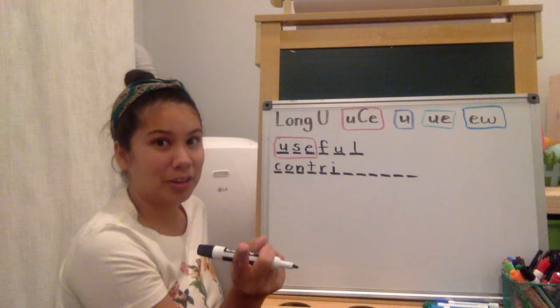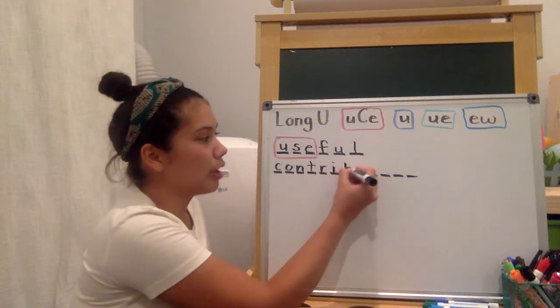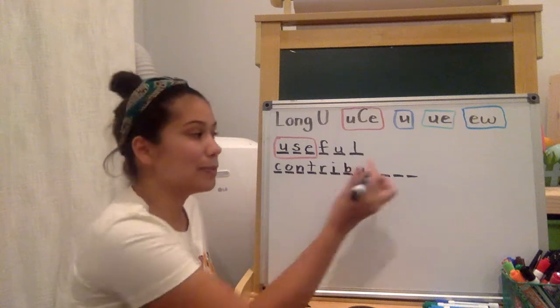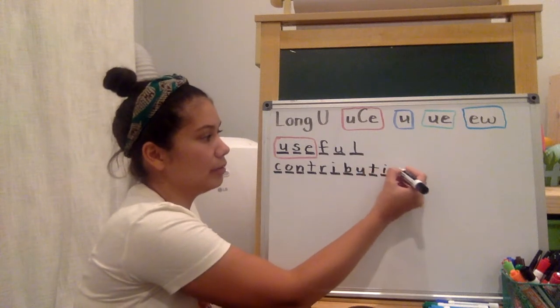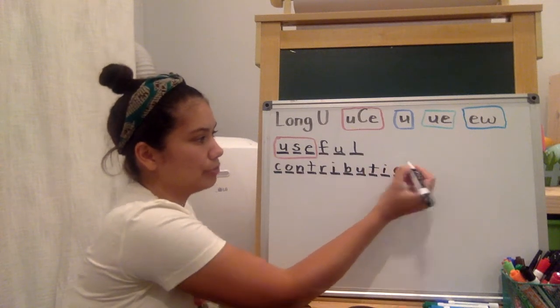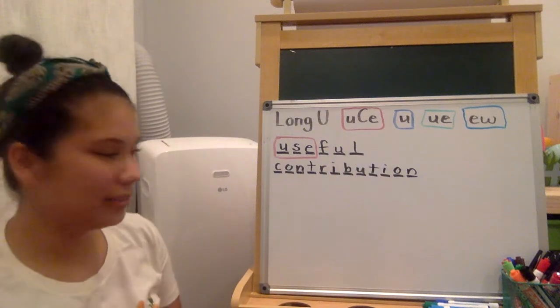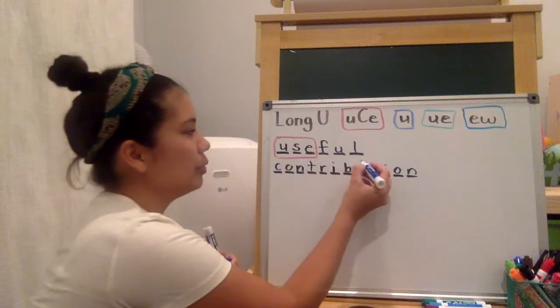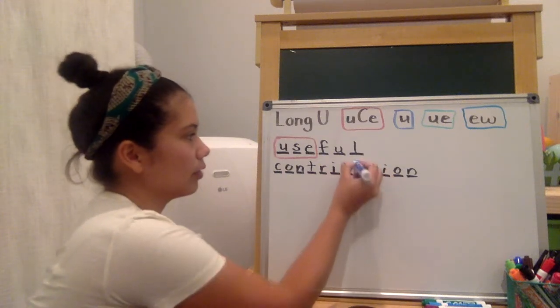Do you hear the U, the long U? Contribution. Shun can be spelled T-I-O-N. Contribution. Let's go ahead and circle or box that long U right here.